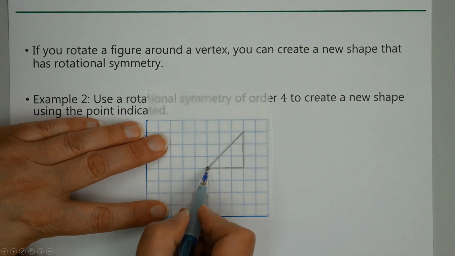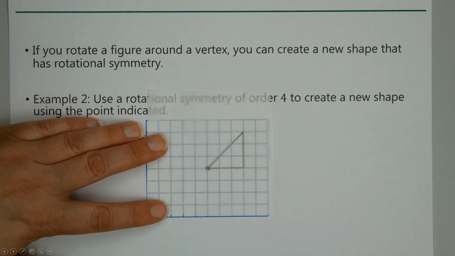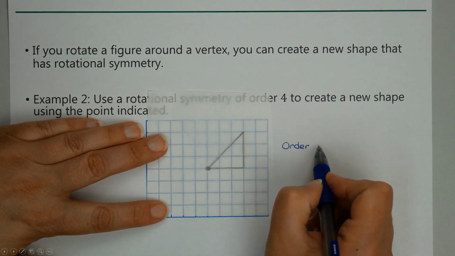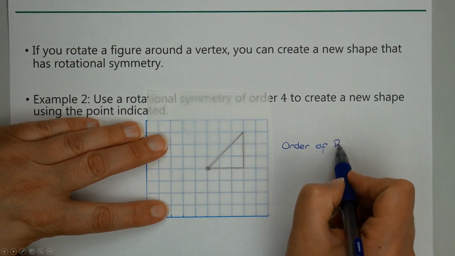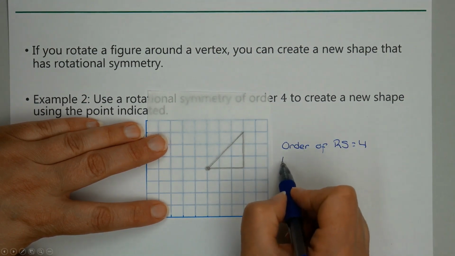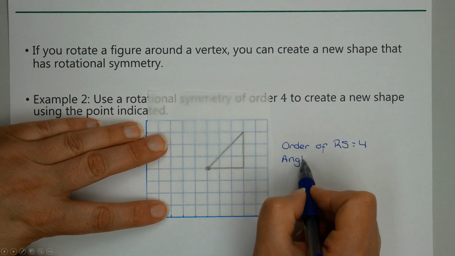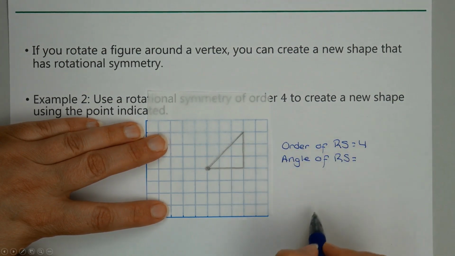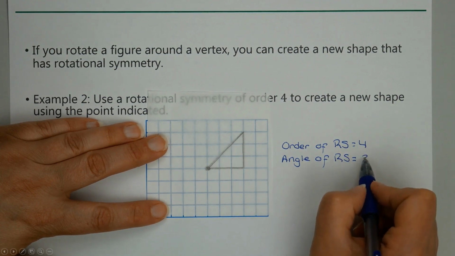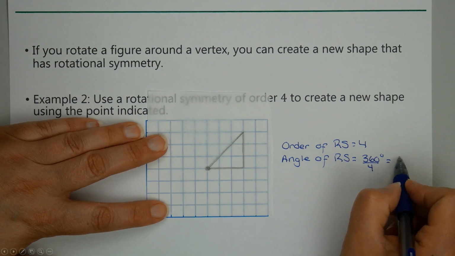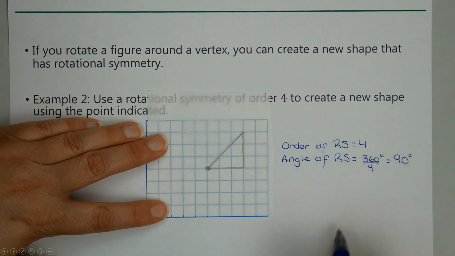Now I need to find the angle. Since the order of rotational symmetry is 4, that means the angle of rotational symmetry is going to be 360 degrees divided by 4, which is 90 degrees.